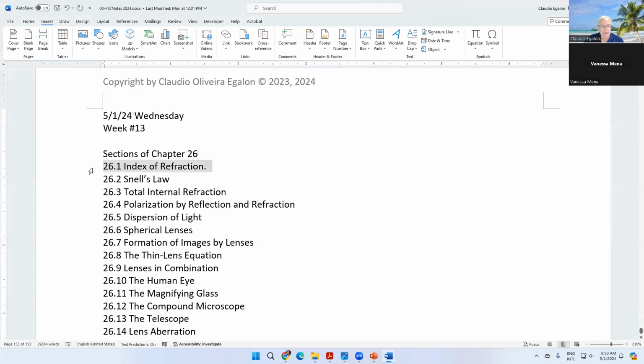So we already covered index of refraction. We covered Snell's law. Don't forget the index of refraction is a property of materials, an optical property.